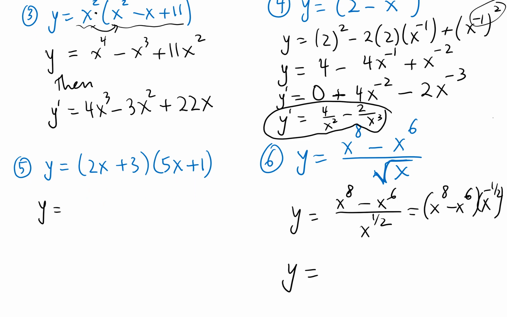And before we find the derivative, we multiply these out, 8 minus 1/2, 6 minus 1/2, and try to finish it now on your own for 3 minutes. Okay, let's go over that.